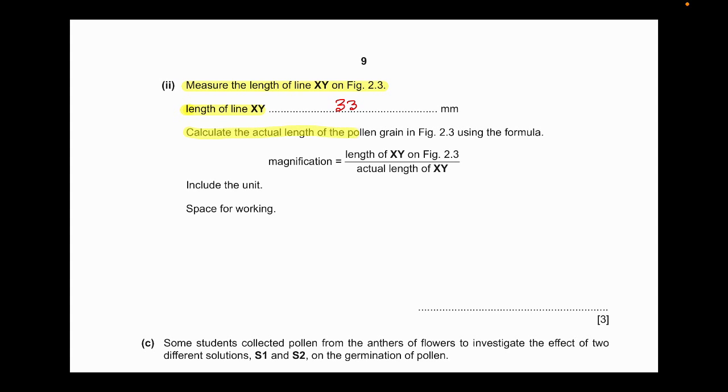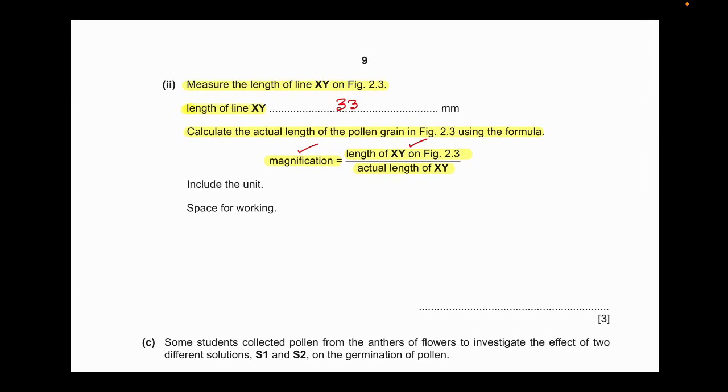Calculate the actual length of the pollen grain in figure 2.3 using the formula. Magnification is equal to length of XY in figure 2.3 divided by actual length of XY. So in this case, we have the magnification and length of XY given, and we need the actual length.